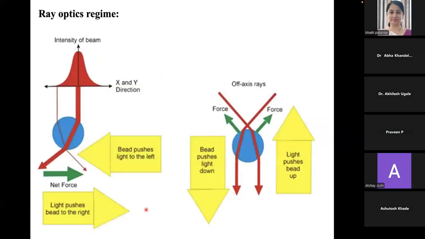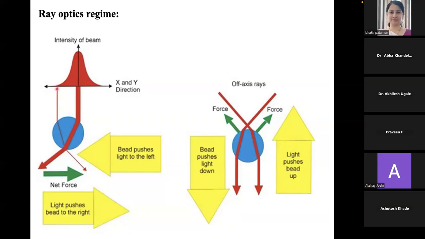Okay, so now I'll go back a bit and tell you a little bit about ray optics. So how does ray optics work? Like we saw earlier, this is a Gaussian profile of the beam, and this is my bead, which is displaced now towards the left. So as you can see, there is a thicker arrow that I've drawn for rays coming from the center. Because of the Gaussian profile, they carry a higher intensity.